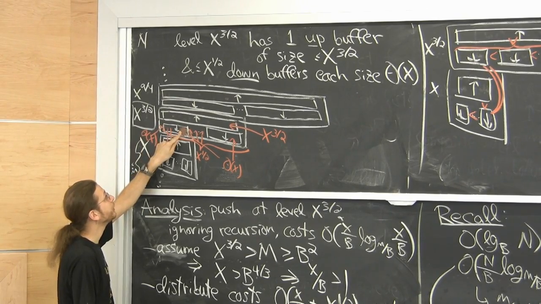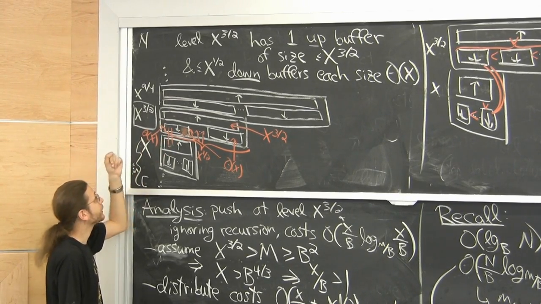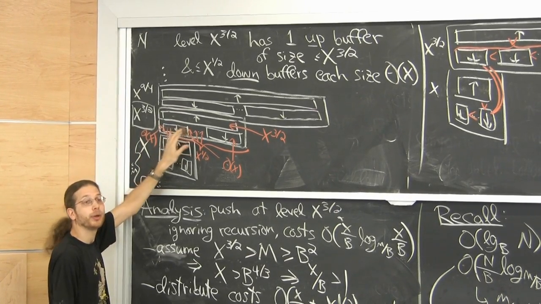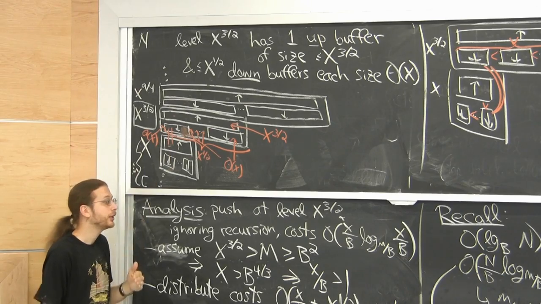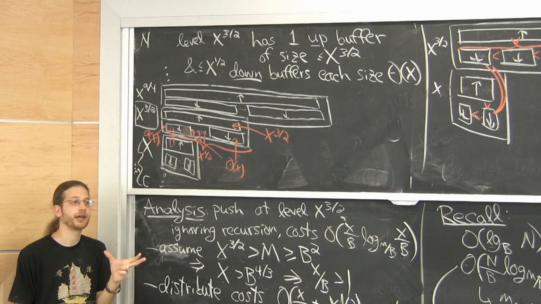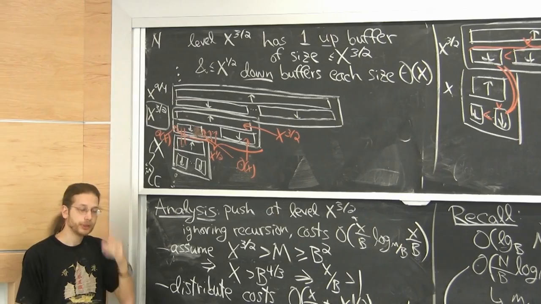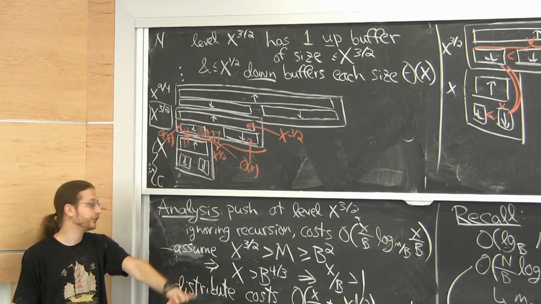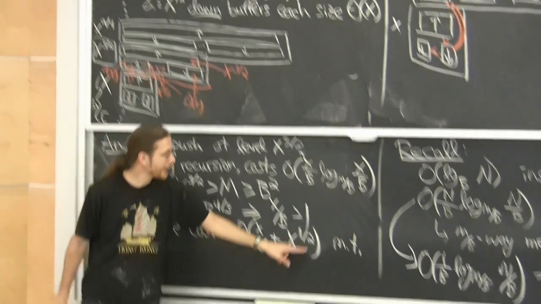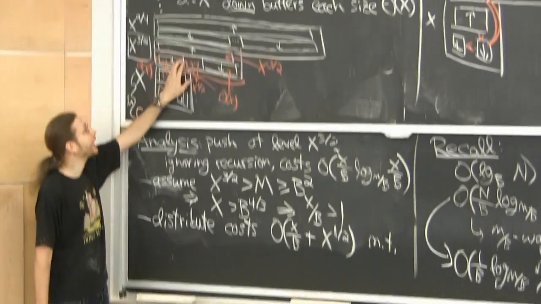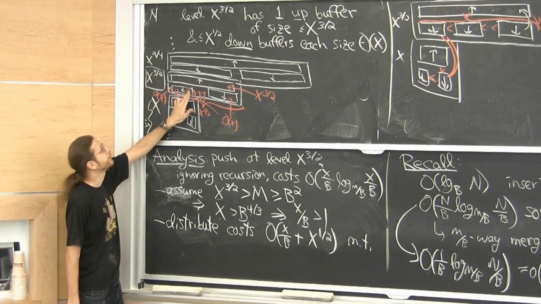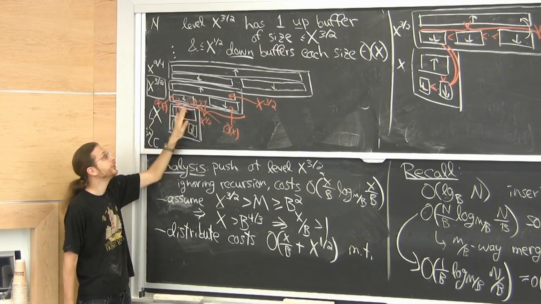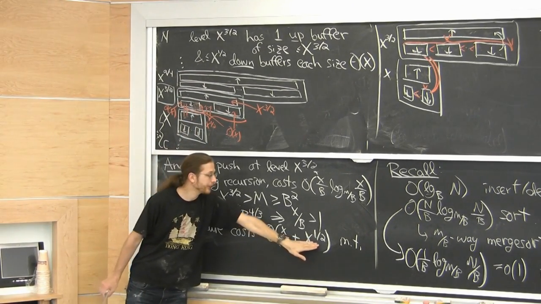We touch this down buffer, and really we just care about the max here, and then we start writing elements one by one. But the very first element we write costs an entire memory transfer. We have to load in a block. But then we can fill that block and write out that block, so we get to write out B items in one step. So we pay x to the 1/2 because we have to touch the last block of this down buffer, this down buffer, this down buffer, and there are x to the 1/2 down buffers. Each one we have to pay 1. That's the expensive part.